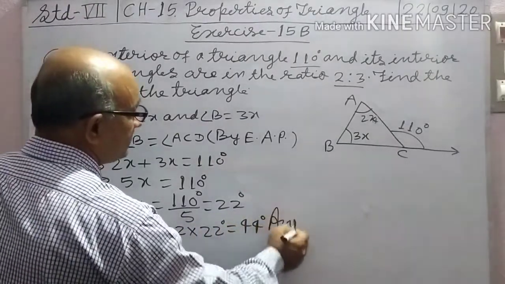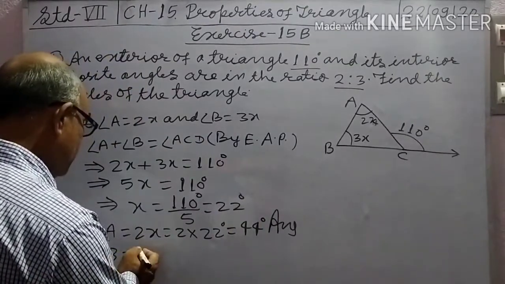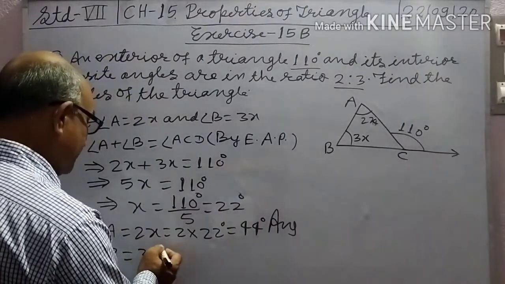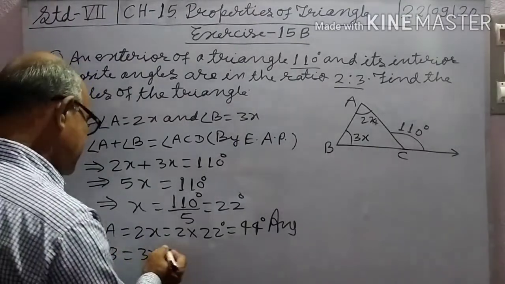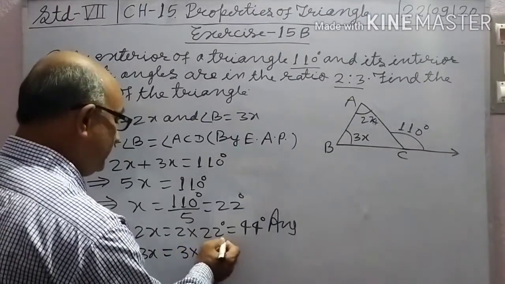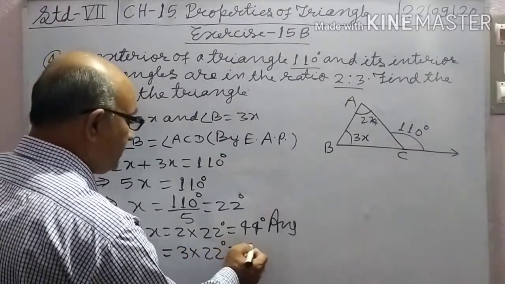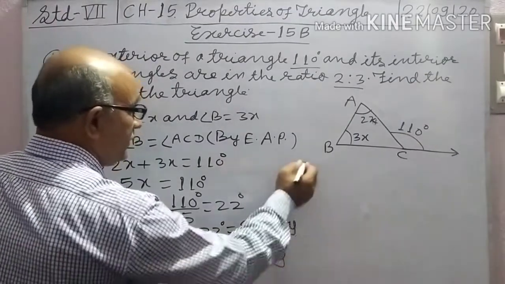One answer. Angle B equal to 3x equal to 3 into 22 degree equal to 66 degree. Answer.